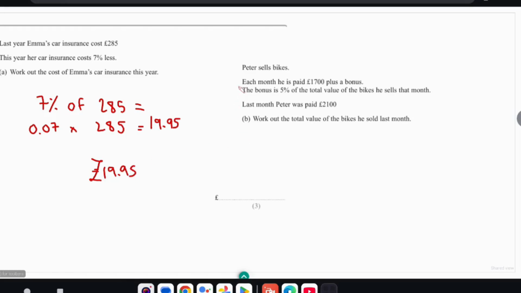Peter sells bikes. Each month he is paid £1,700 plus a bonus. The bonus is 5% of the total value of the bikes he sells each month. Last month Peter was paid £2,100. Work out the total value of the bikes he sold last month.